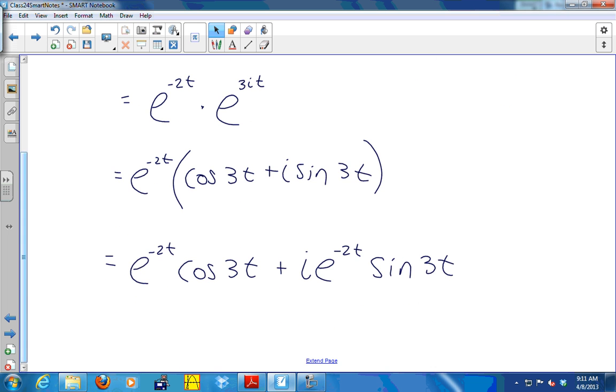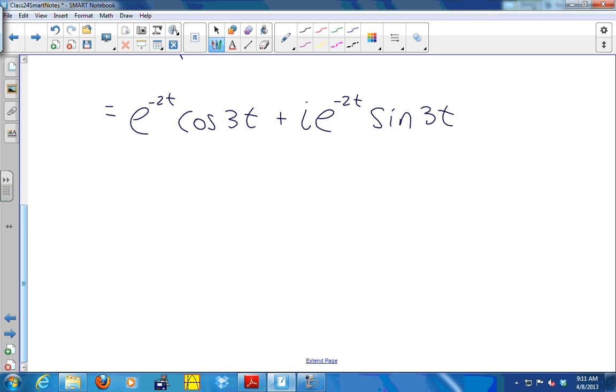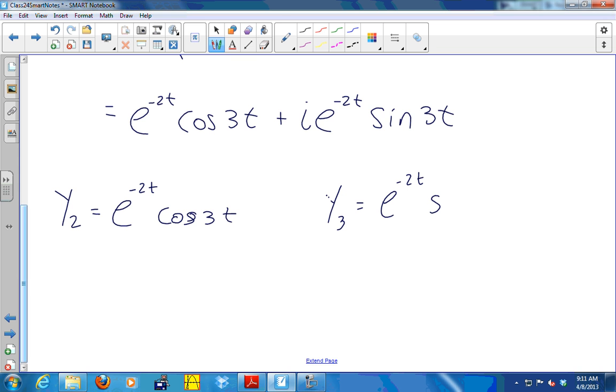The two solutions I can get from this, and the reason I like them is because they're both going to be real. I can take the real part, e to the negative 2t cosine 3t, and that's a solution. And I can take the imaginary part, e to the negative 2t sine 3t, and that's a solution.